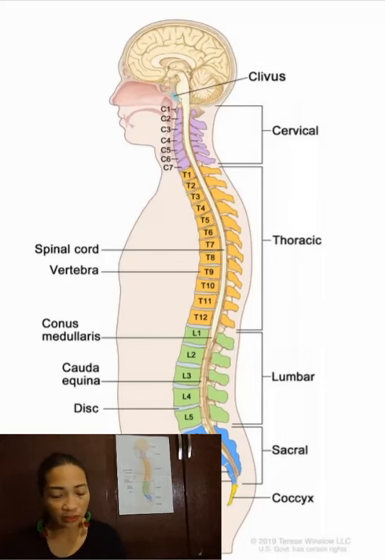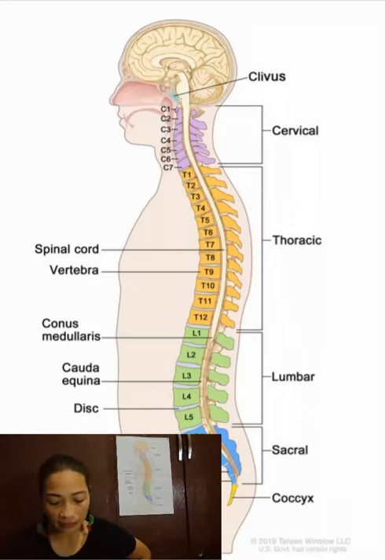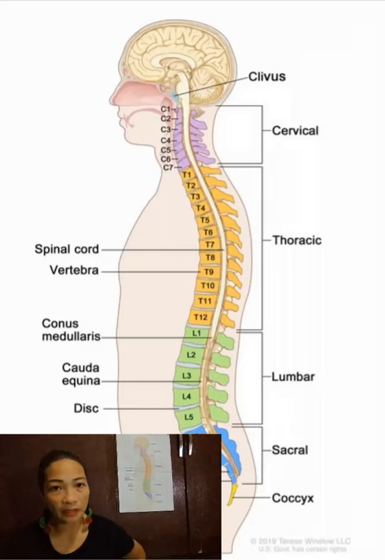Other conditions of our spine are disc herniation, or what they call a slipped disc. Continuous pain is common with this type of condition. We have spondylosis, a wear and tear condition that affects the facet joints. Spondylolysis is typically caused by stress or fracture of the bone.